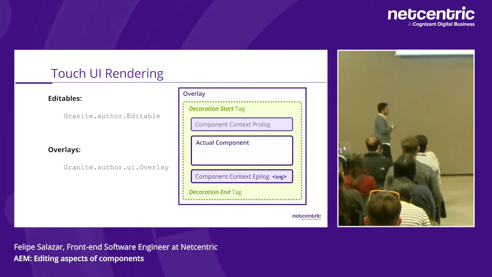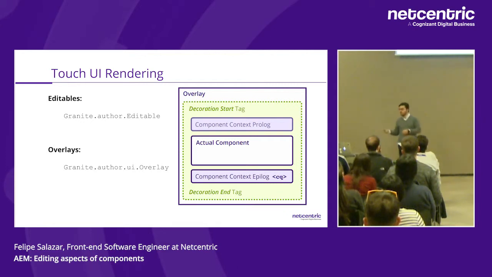Basically, what the overlay class is doing is looking for the CQ element that Konrad mentioned before, which has this special information, and when it finds the CQ element, it looks for the parent of this element.